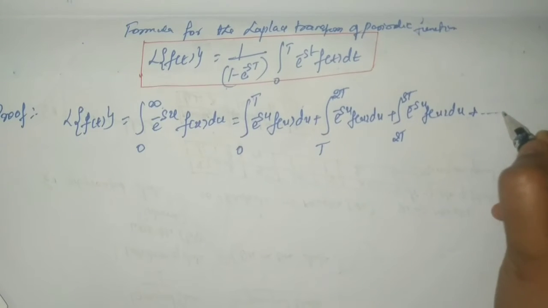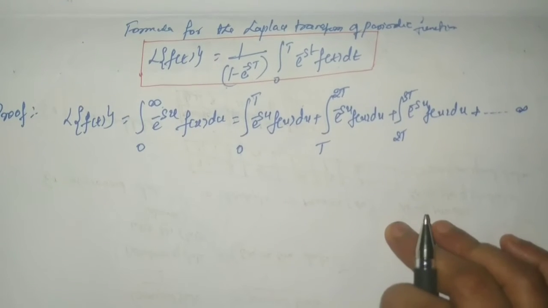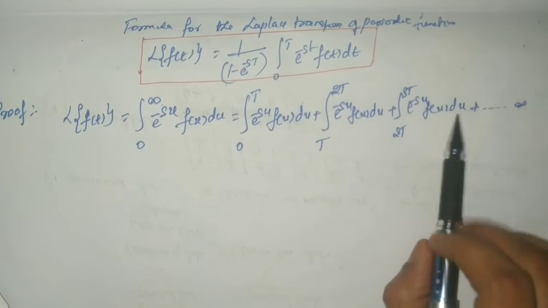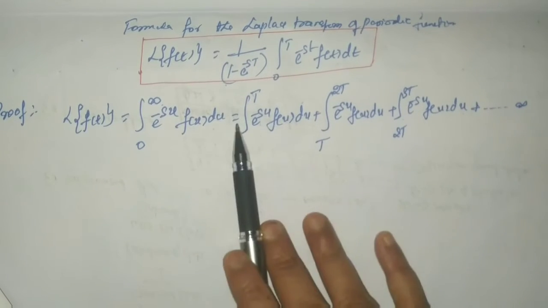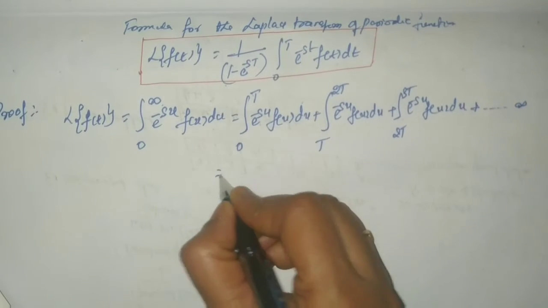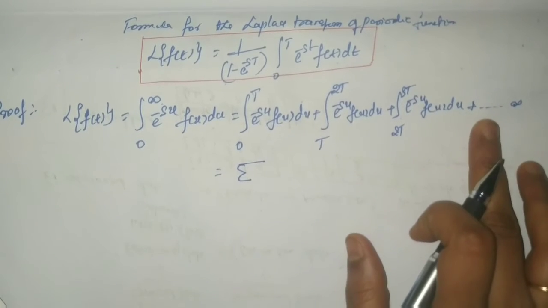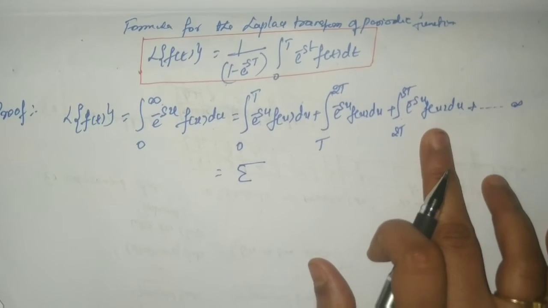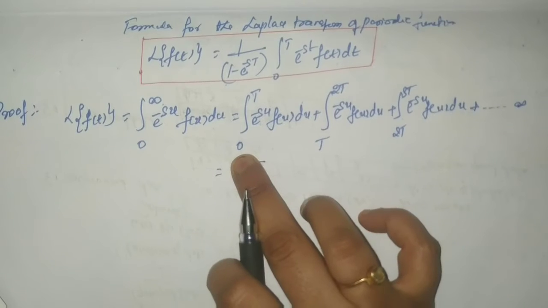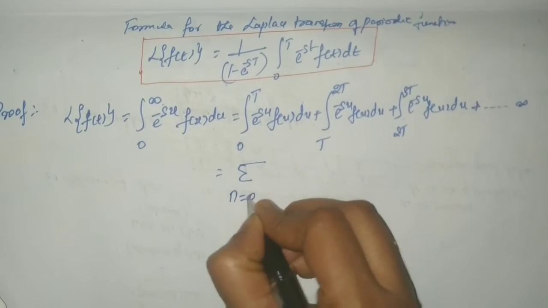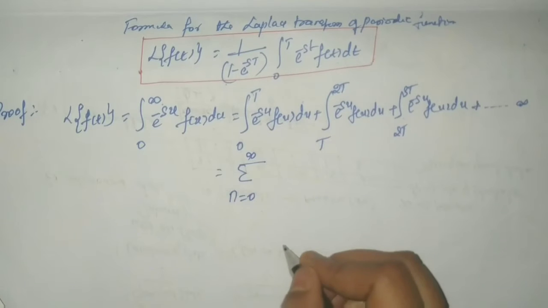These are independent terms being added, so instead of finding each term separately, I can add all the terms and write it in summation form, with n going from 0 to infinity.